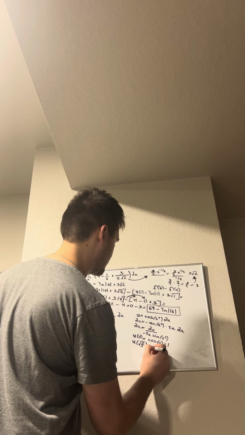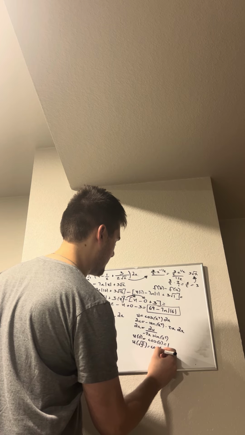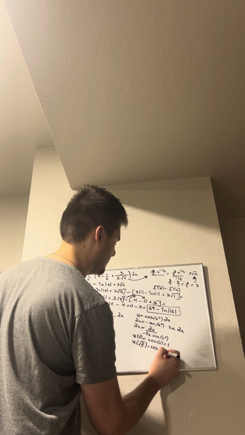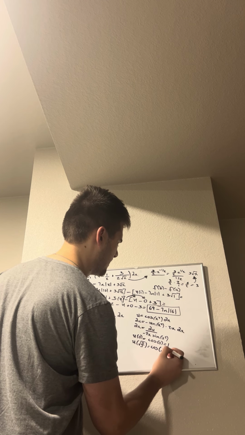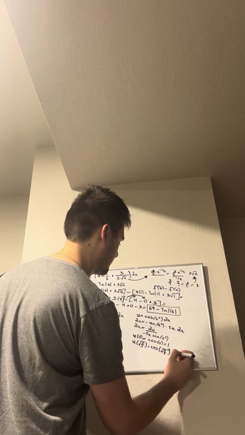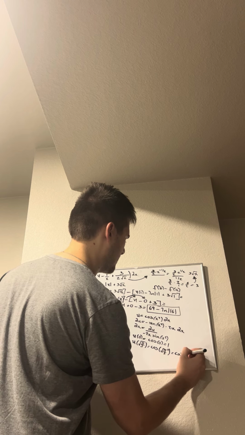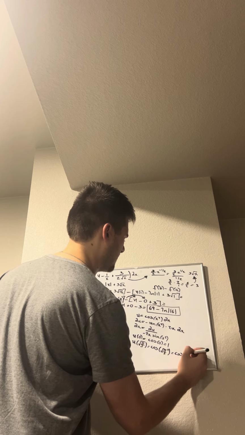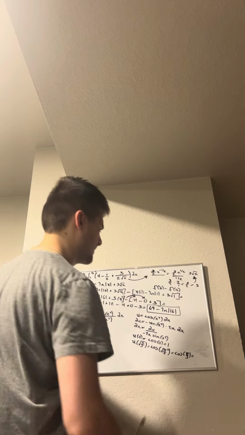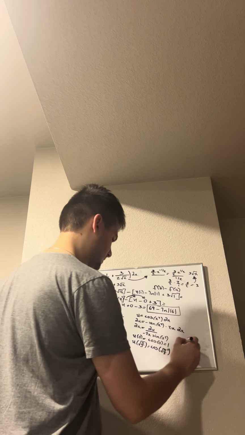And then we do u of root pi over 3, which equals cosine of root pi over 3 squared, which equals essentially cosine of pi over 3, which in this case would just equal 1/2.